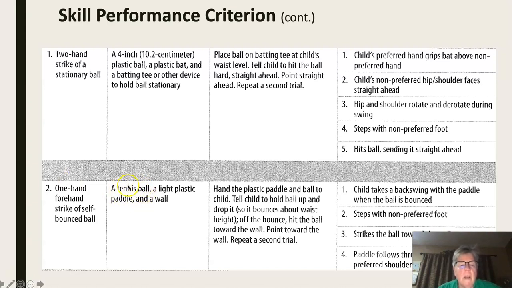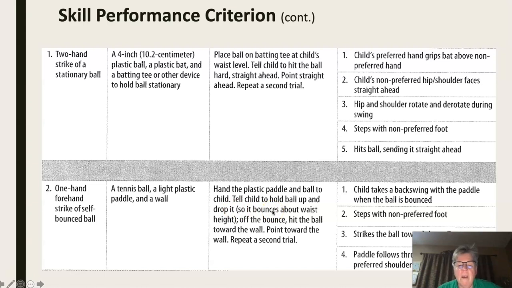So you're going to need a tennis ball, and again, make sure that it has some bounce in it so it hasn't been sitting in your equipment room for a while. Using a plastic paddle, and then of course some type of wall surface to bounce toward. And again, using the equipment, tell the child to hold the ball up, drop it.